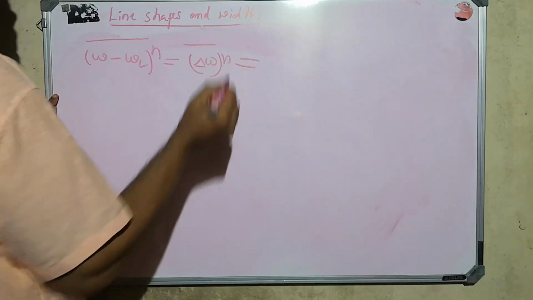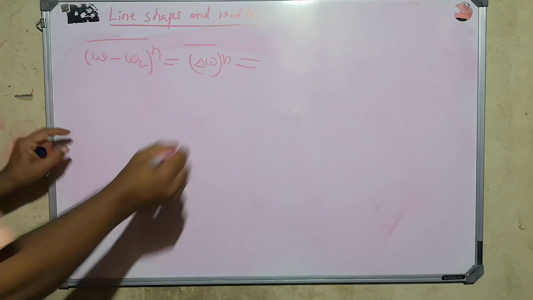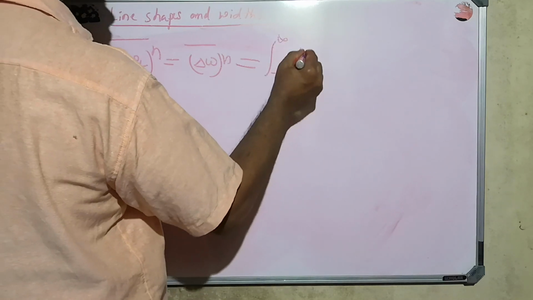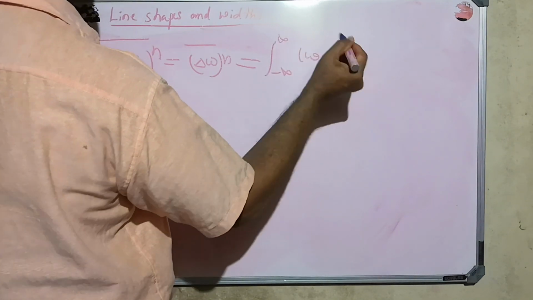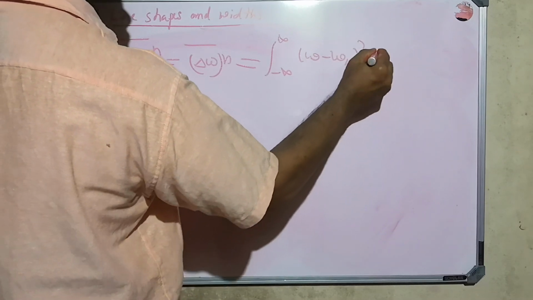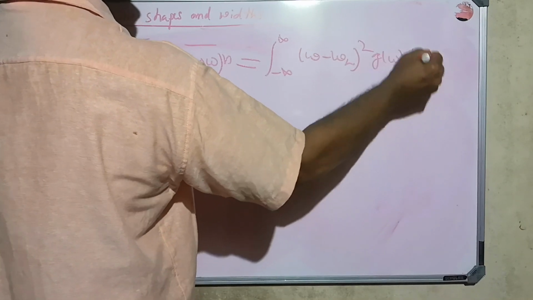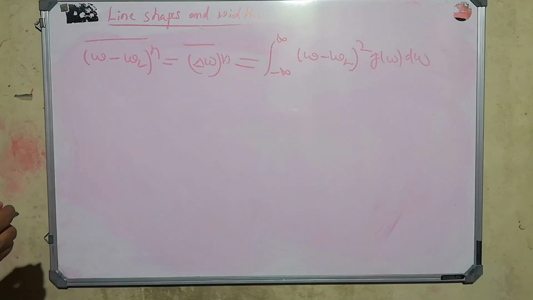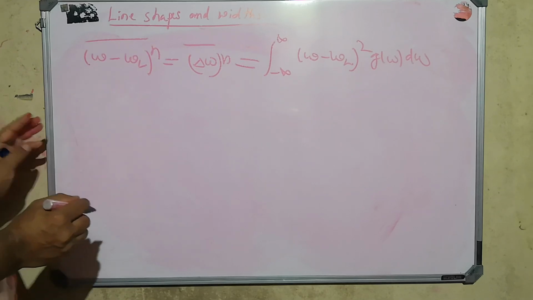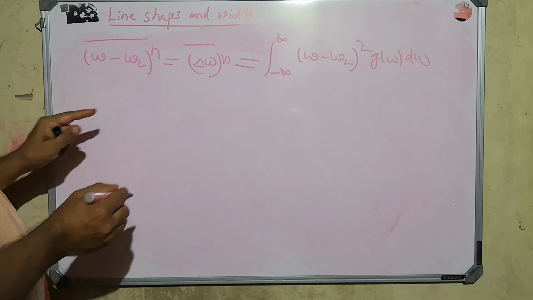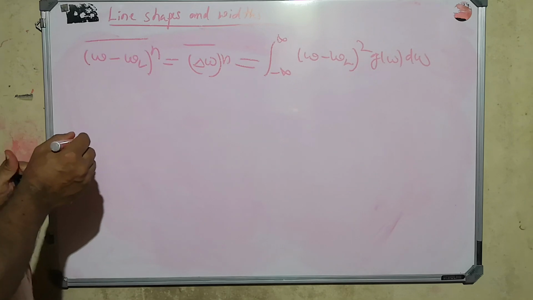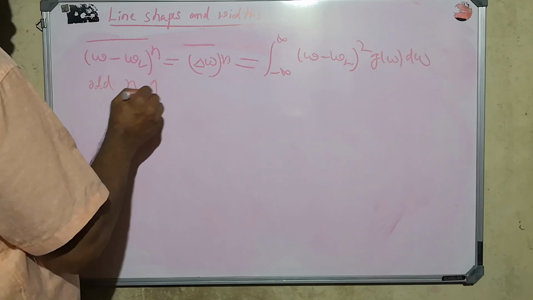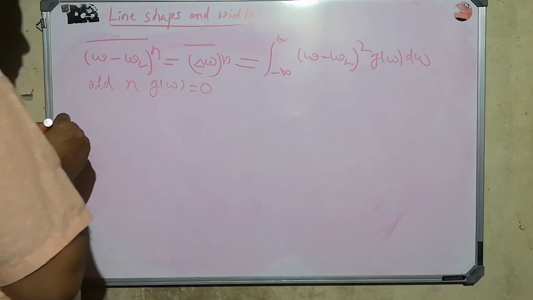It can be shown that integration from minus infinity to plus infinity of omega minus omega L whole square g omega d omega. So here it can be proved that for odd numbers, that is if n takes 1, 3, 5 etc., g of omega is equal to 0.